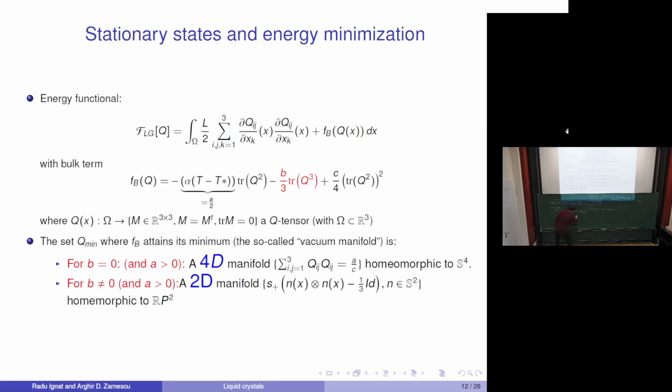And then trace of Q to the third is lambda 1 to the third plus lambda 2 to the third plus lambda 3 to the third.